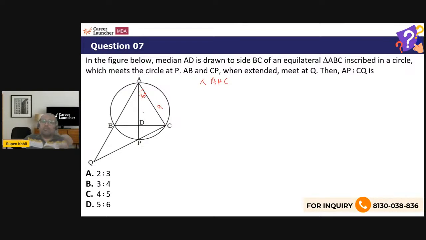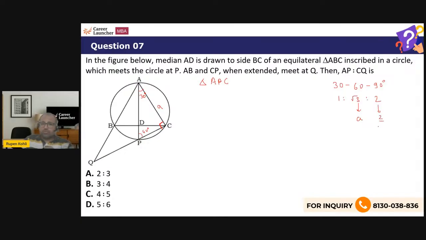AD जो होगा वो मीडियन भी है, वो एंगल बाइसेक्टर भी है, वो परपेंडिकुलर बाइसेक्टर भी है, तो वो 30 डिग्री होगा. एंड दिस एंगल ACP इज 90 डिग्री. सो इट्स 30 60 90 ट्रायंगल. और मैंने आपको बहुत बार बोला हुआ है कि 30 60 90, 30 30 120 ये वाले ट्रायंगल्स में साइड्स का रेशियो रट लो. 30 60 90 इज 1:√3:2 इज द रेशियो ऑफ द साइड्स. तो AC जो है हमारा वो 60 डिग्री के ऑपोजिट है. तो 60 डिग्री के ऑपोजिट अगर A है, तो ये जो AP है वो 90 डिग्री के ऑपोजिट है. तो दैट शुड बी 2/√3 टाइम्स ऑफ दैट.